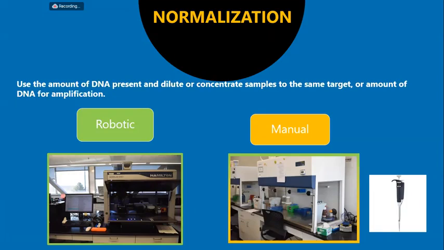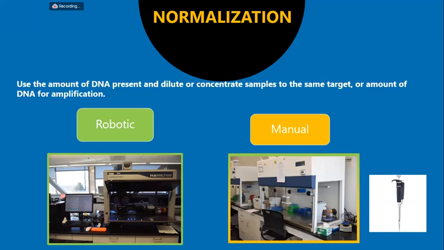So once we know how much DNA is in our sample, now we want to do what's called normalization. During this step, we're going to use the amount of DNA and we're going to either dilute or concentrate the samples to get to the same target amount of DNA for DNA amplification, which is the next step. This is done in order to optimize that amount of DNA that we know that we need to get the best amplification, to get the best profile in order to make interpretation easier.